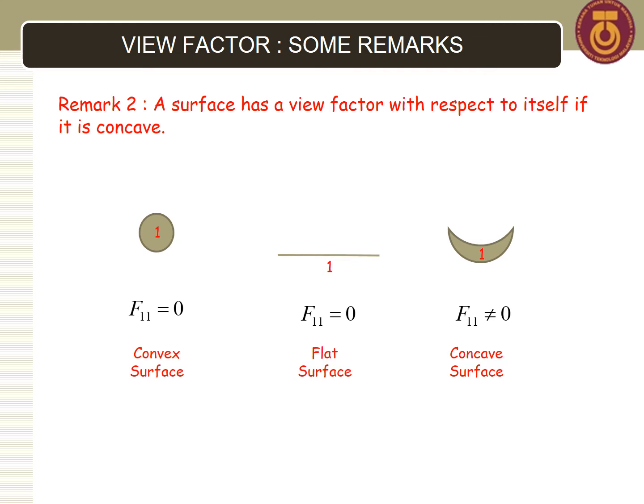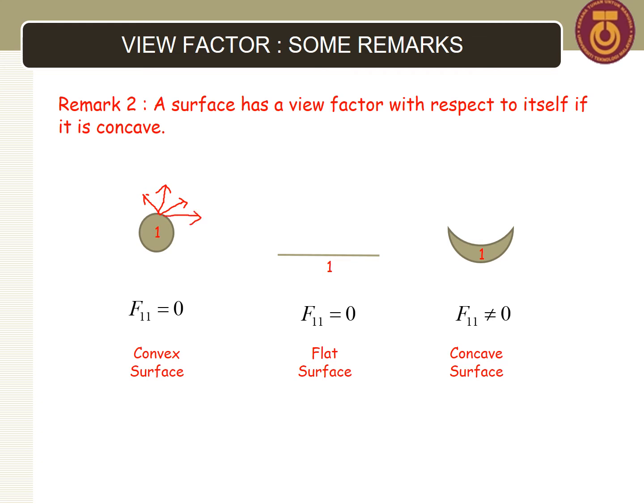You see the first one, it's a convex surface. For a convex surface, any radiation emitted by the surface will go to the surroundings. It will not fall on surface 1 itself, because of the geometry.